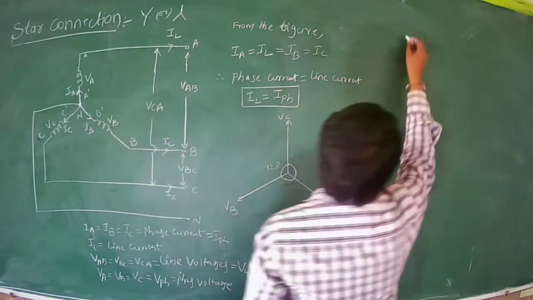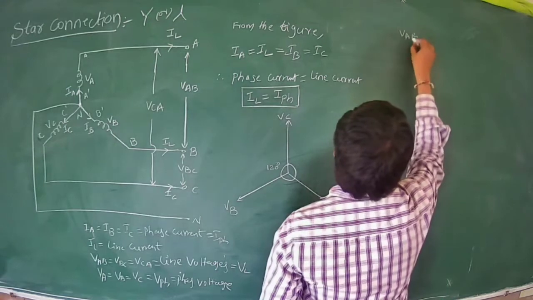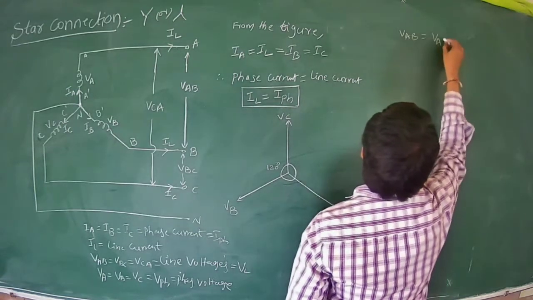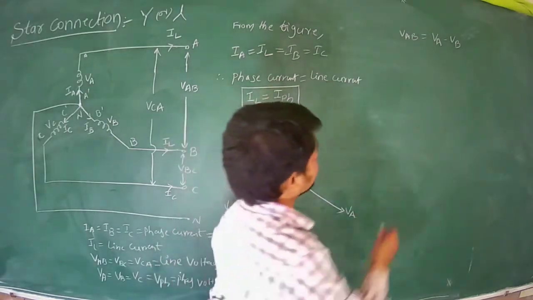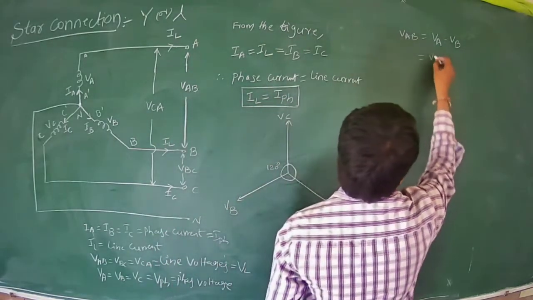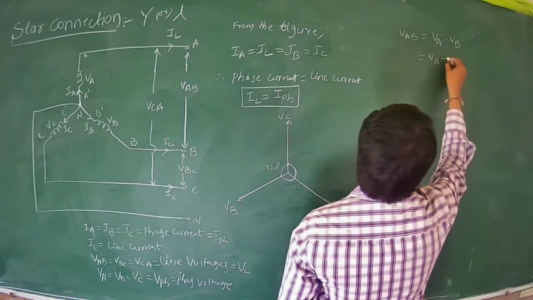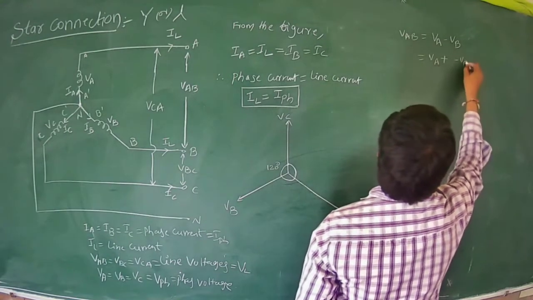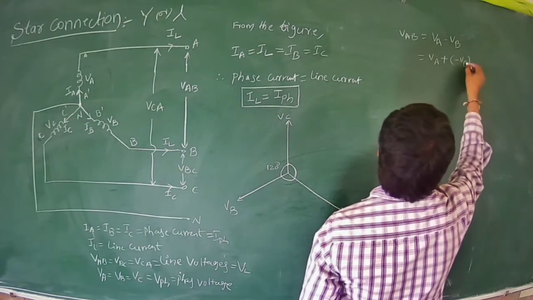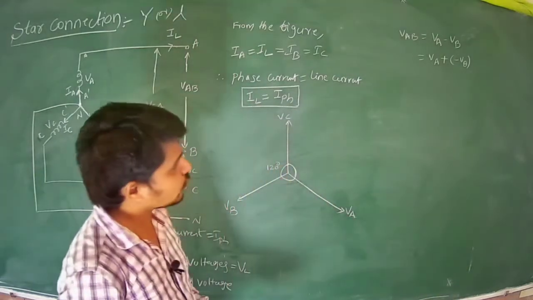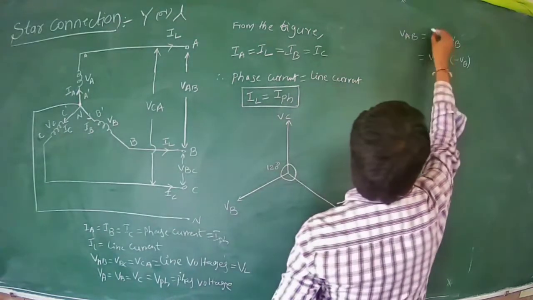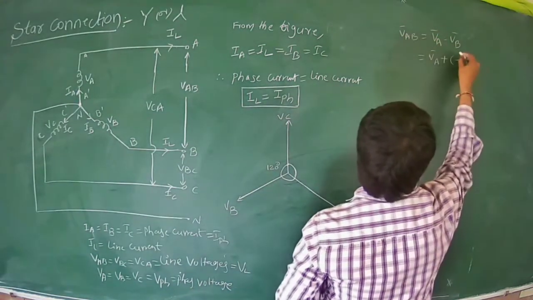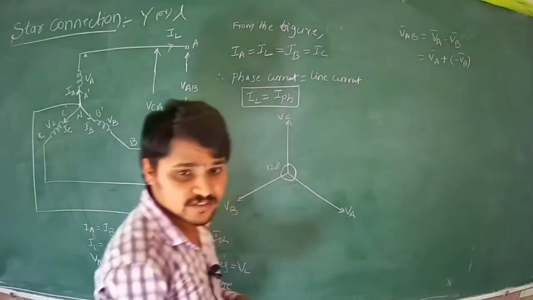What is VAB? VAB is nothing but VA minus VB, which I can write as VA plus minus VB. Therefore, here I can add these two vectors, as these are AC quantities, vectors.